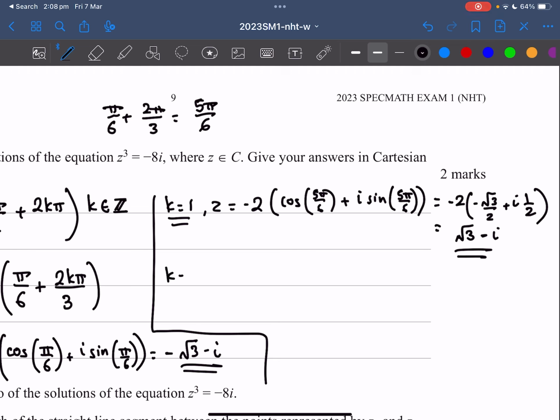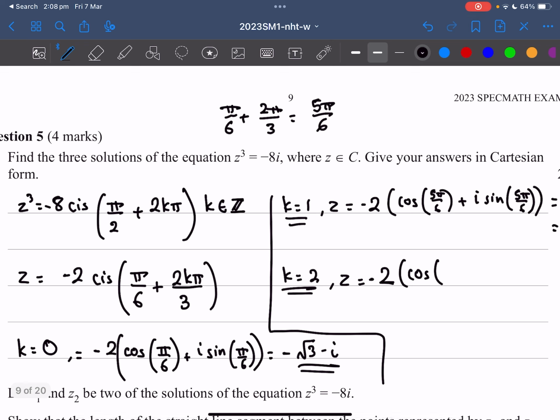And then finally, we can substitute k equals 2. So we'll have z equals minus 2 cosine of, if k equals 2, so now rather than this, we'll have 4. What will that be? So that will be 9 pi on 6, which will be 3 pi on 2, right?